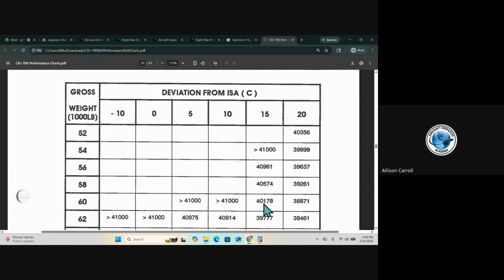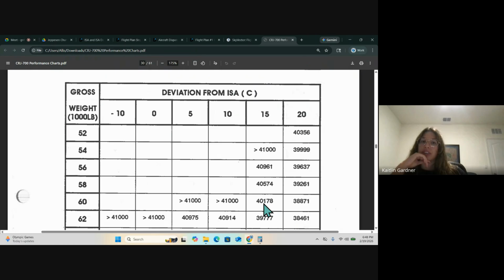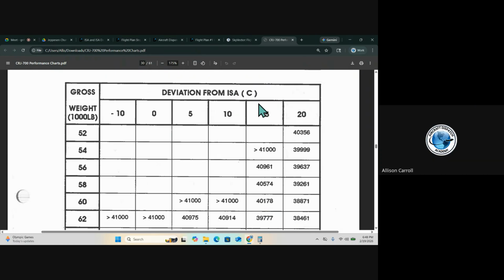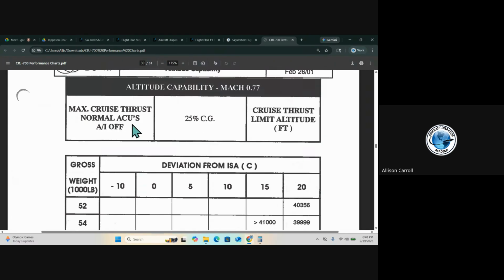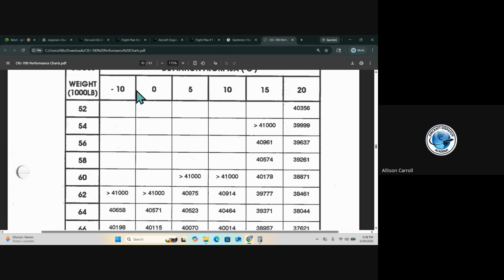So even if we got the ISA deviation as 11, we would still go to 15, since it's warmer. So even if you have ISA minus 1, or even ISA minus 9, you would still go to 0, because 0 is warmer.